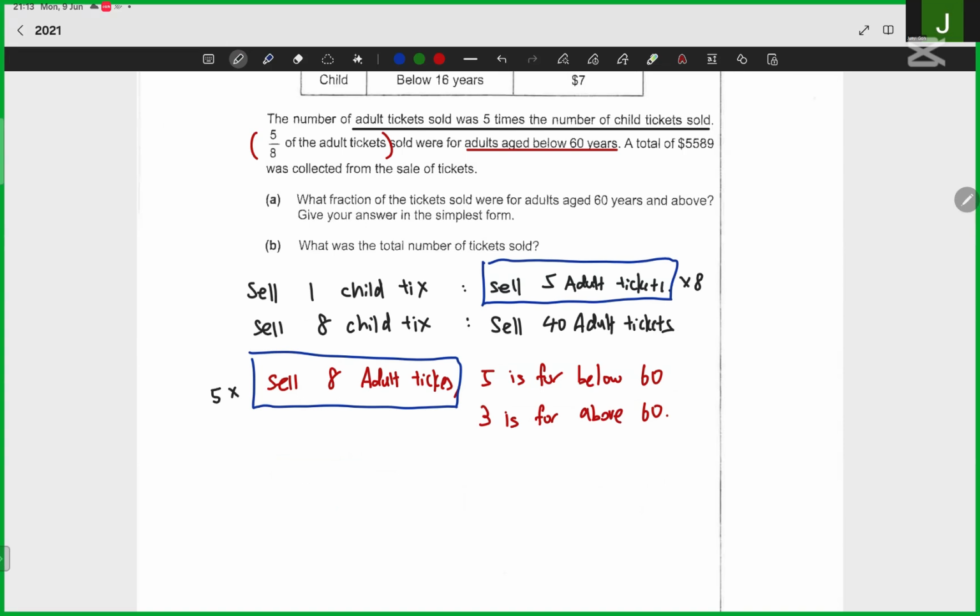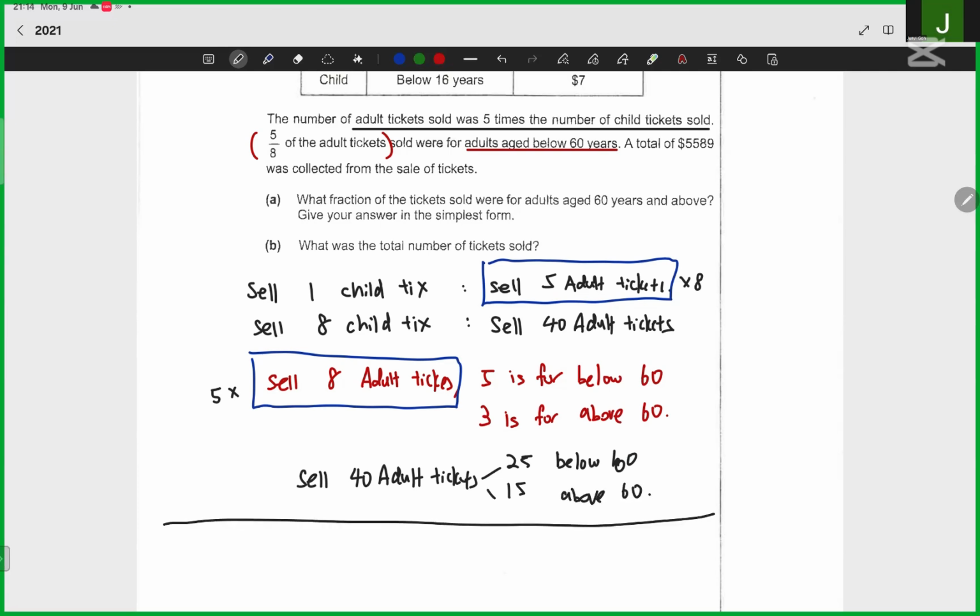When I sell 40 adult tickets, this one times 8, this one times 5. Then when I sell 40 adult tickets, 25 is for below 60. 15 is for above 60.